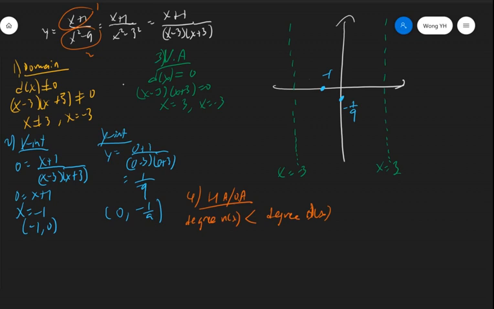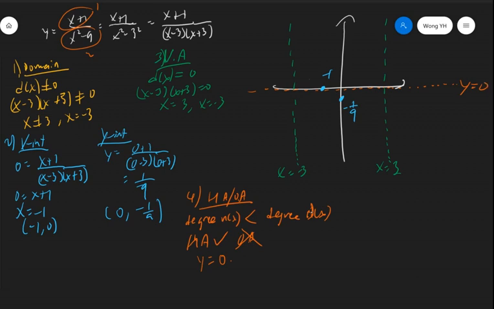So it's 1 versus 2. When this happens, HA will exist and OA does not exist. The equation of the horizontal asymptote is y equals 0. So we will just draw a horizontal asymptote somewhere here, which is y equals 0.